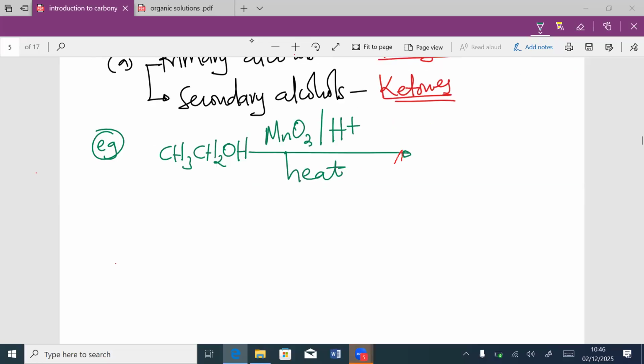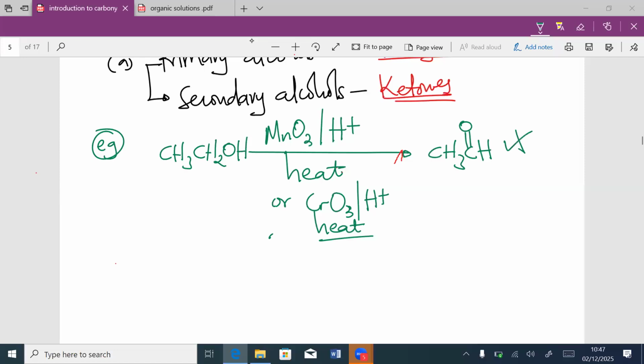Or another oxidizing agent, you can have chromium(VI) oxide in the presence of an acid, then you heat. And any other weak oxidizing agent that you know. This is going to give us an aldehyde.